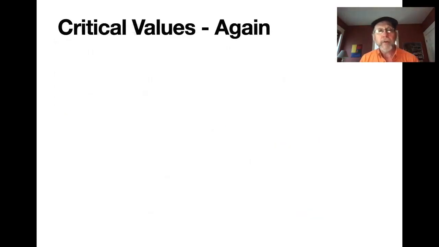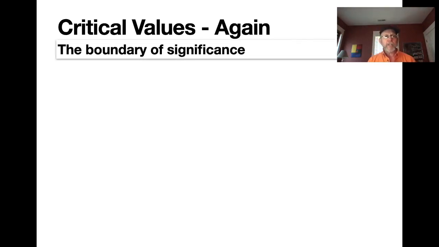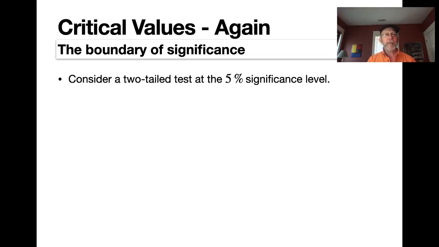Let's relate this to another idea we saw in the context of confidence intervals, and that's the idea of a critical value. For significance tests, the critical value essentially marks the boundary of statistical significance. Let me explain that by considering a two-tailed test again at the 5% significance level.